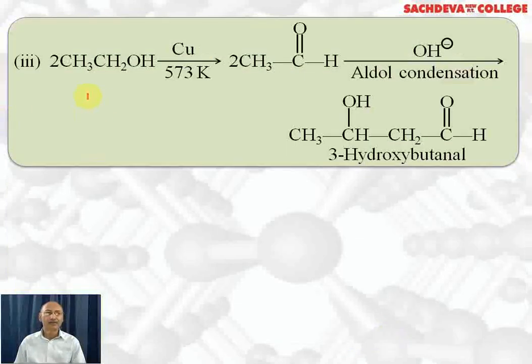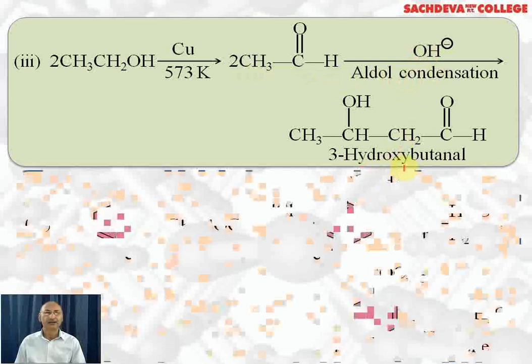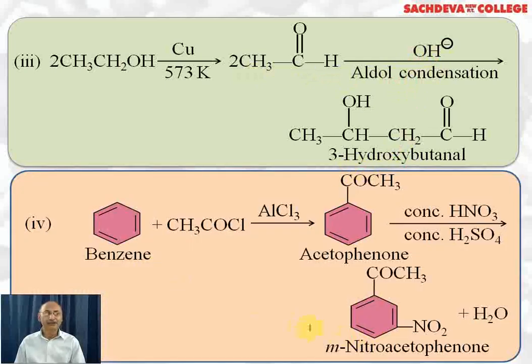We want to convert ethanol to 3-hydroxybutanal. So the first step is to convert ethyl alcohol to aldehyde, acetaldehyde first. And 2 moles of acetaldehyde will undergo aldol condensation in the presence of OH ion, and we will get 3-hydroxybutanal. Benzene to metanitroacetophenone means in the first step we get acetophenone by Friedel-Crafts acylation.